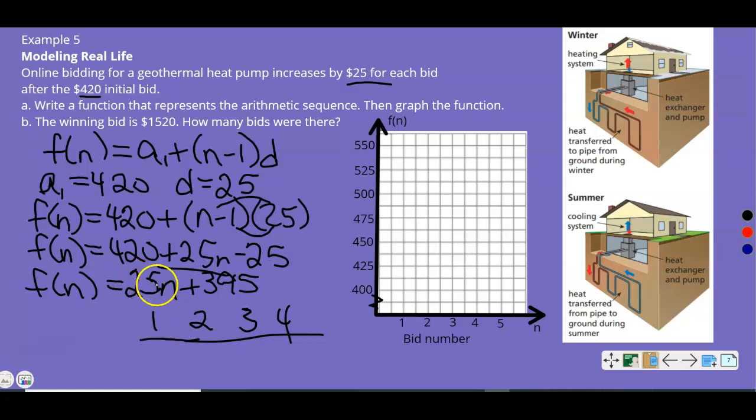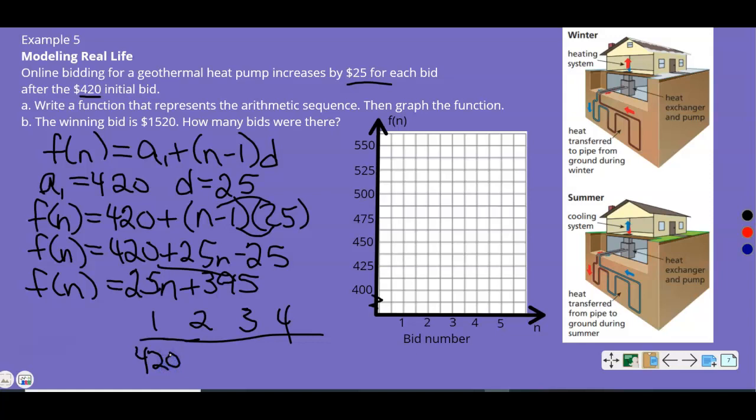If we plug in a 1 for n, 25 times 1 is 25. 25 plus 395 is just 400. Oh, no, hold on. 25 plus 395 is 420.